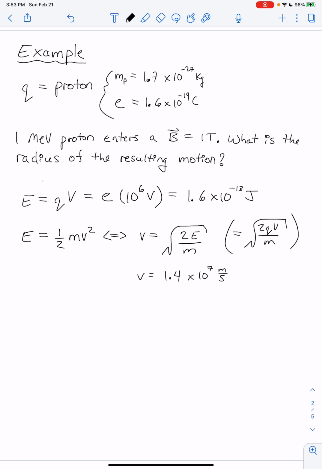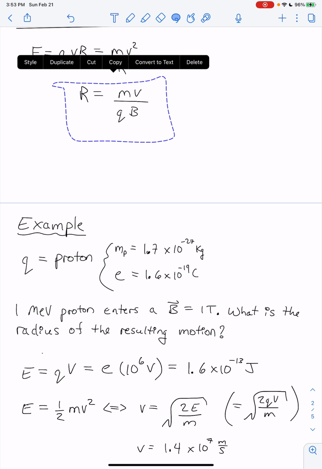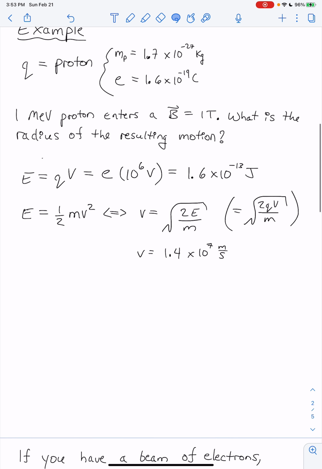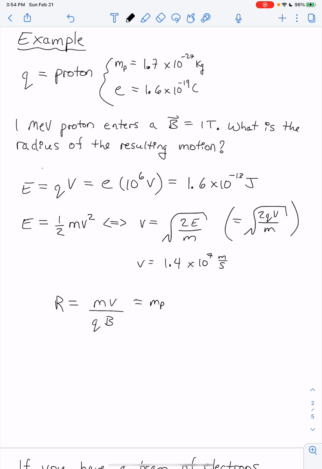And now that we have the velocity, we can go back up to our equation and we can find the radius. So this is the mass of a proton.